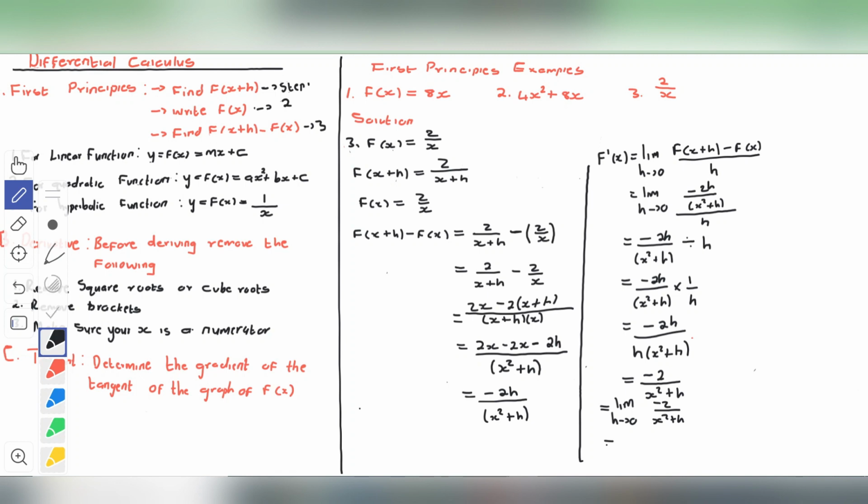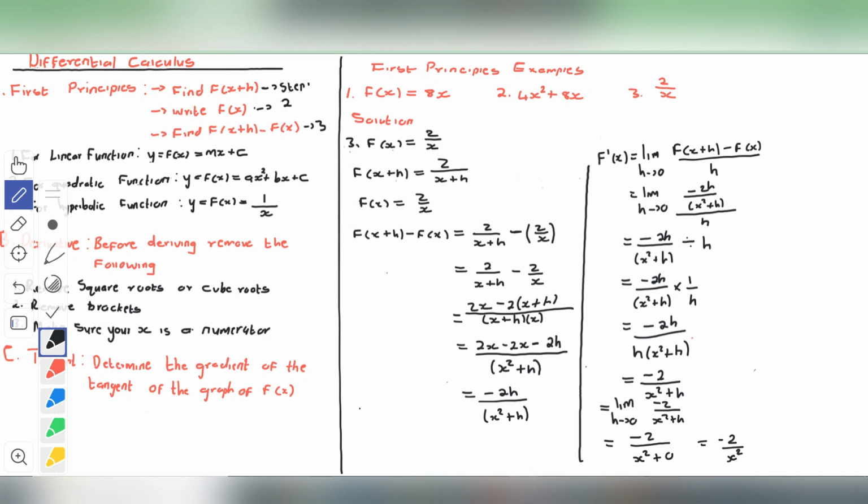So now, where the limit of h approaches 0, where we see h, we're going to put 0, right? Because we have arrived at the answer, which is going to be x squared plus 0. Therefore, our answer is going to be negative 2 all over x squared. This is the final answer.